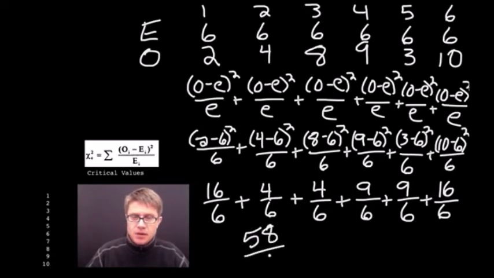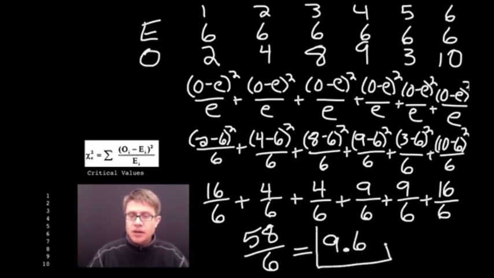That is 58 over 6, which is 9.6. So our chi-squared value is 9.6 in this case, since we added all these up.